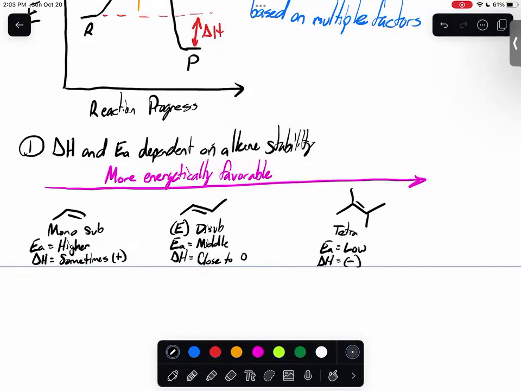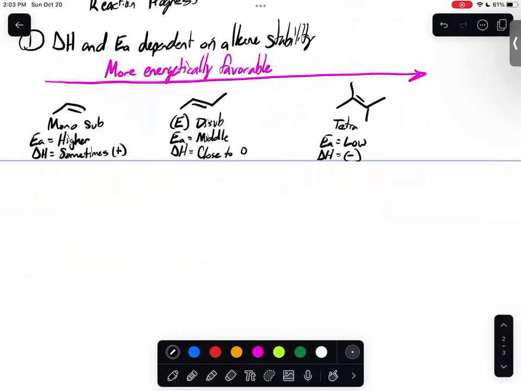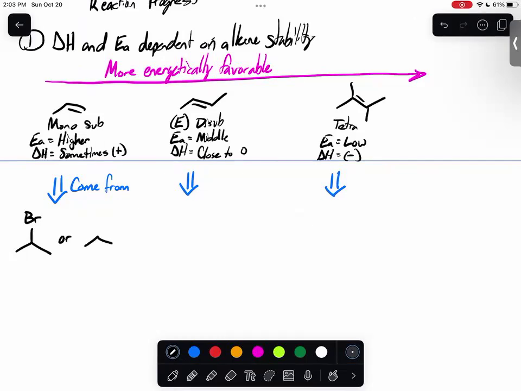And so essentially, what you'll find is that looking at these, they come from different leaving groups, right? So using these blue arrows to show what they would have had to come from, for this monosubstituted one, we showed up top that it comes from the secondary bromide, but it could also come from the corresponding primary bromide.